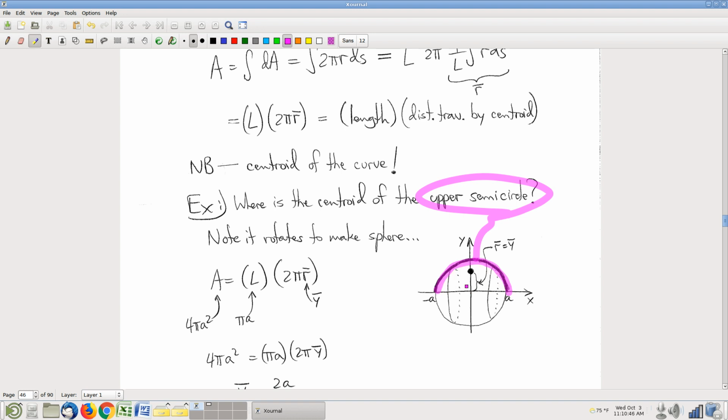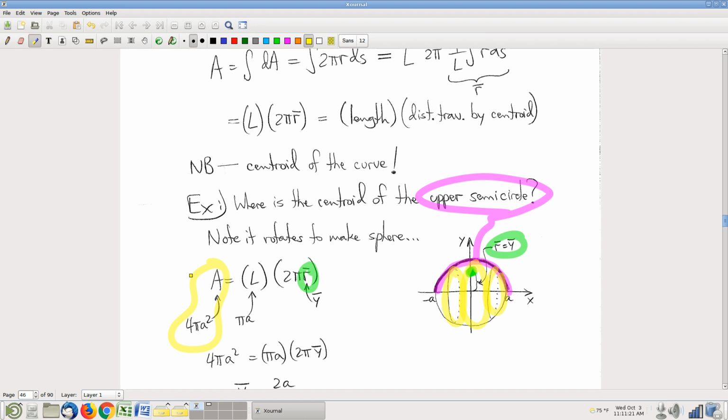We have yet to compute where the centroid of that is. Right, so where is that centroid at? Hard problem. We don't really know how to do integrals on curves. Technically, we can't even write that down, except we can make the following argument that where that y coordinate is relates to the total area that you get by rotating that around, which we do know: 4 pi r squared, high school geometry, formula for the area of a sphere.